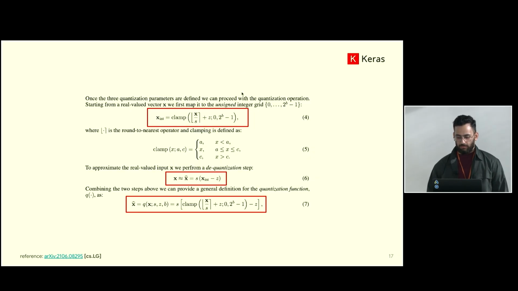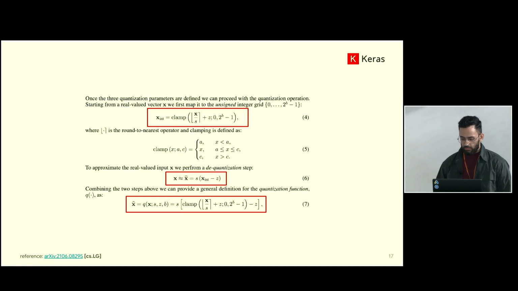So you have an integer grid that you define based on the bit width. If the bit width is something like 8, you will go from 0 to 2 to the power 8 minus 1. This is the representative range of the integer number line that you have. So if this was 8 bits, you would go from 0 to 255 here, right? Then you perform the actual conversion from the real or floating point vector to the actual integer vector.